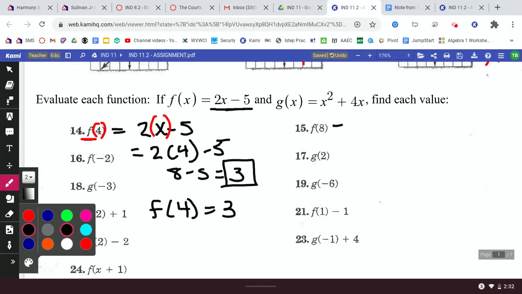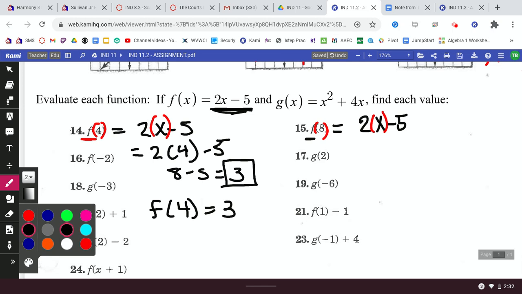For number 15, it's also the f function. So again, and this is what I didn't do in the video, and when I do it for next year, I'll probably do it a little bit differently, since I see f right here, I'm just going to write this right here every time, 2x minus 5, because that is my f function. Now I'm going to go in, put brackets around the x. There's already brackets around the 8.